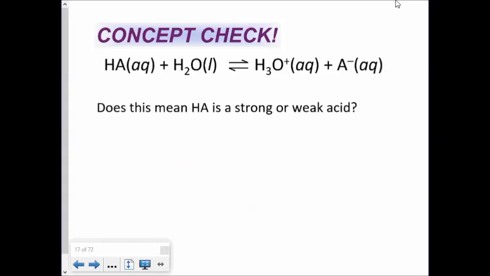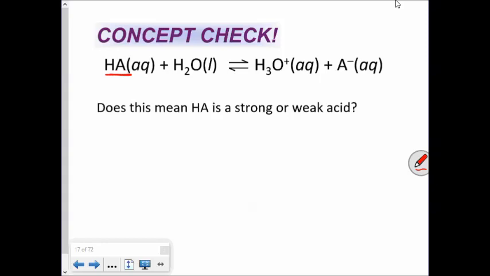So does this mean that HA is a strong or a weak acid? Which way are we saying it's going to push over here? To the right. So the base is accepting. So what about our HA? What's it going to do? It's going to need to donate, right?